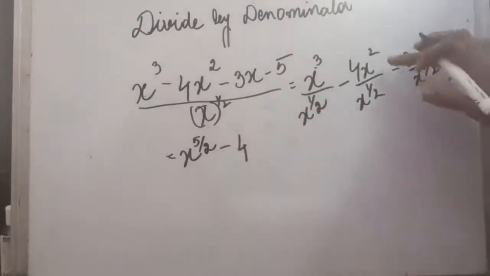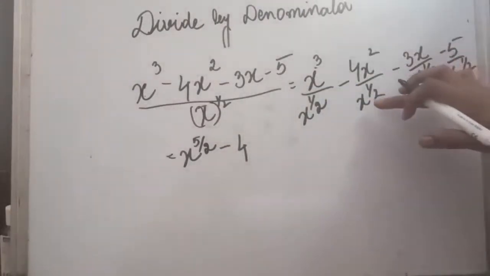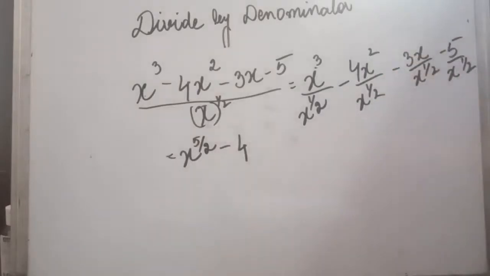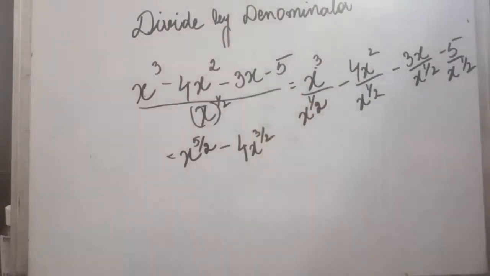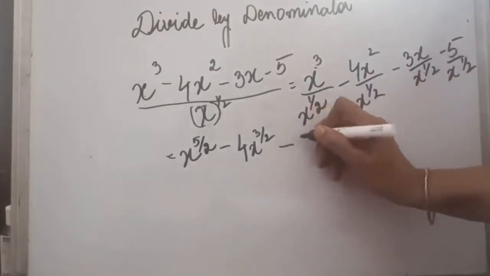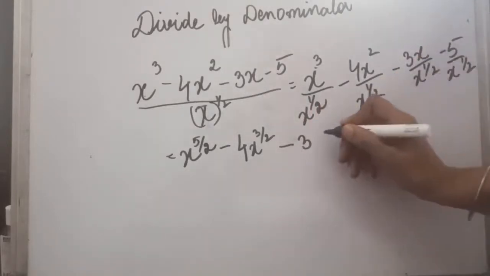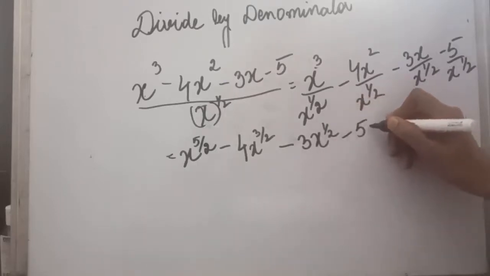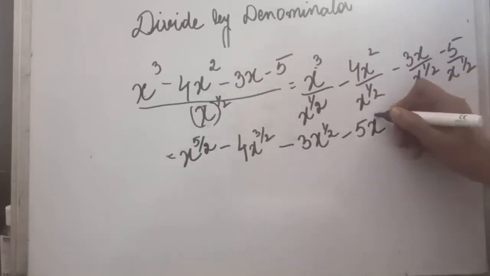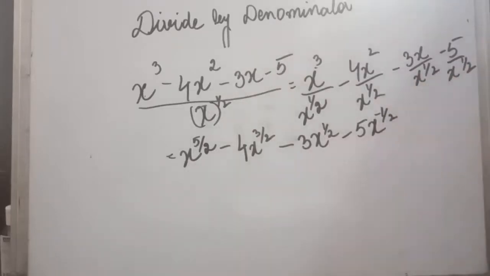Minus 4, now x square divided by x half. So again it will be reduced. So 2 minus half, it will be x power 3 by 2. Next will be minus 3, 1 minus half, so x power will be half, and finally minus 5, x power there is nothing, so it will come above, it will be minus half. So we have solved this portion into this format.